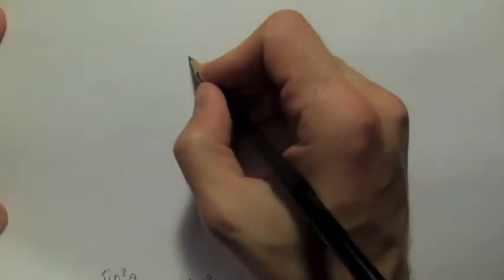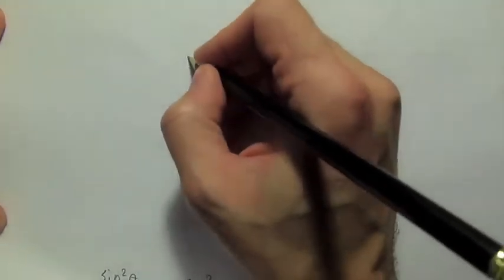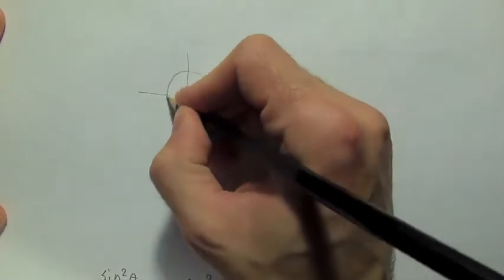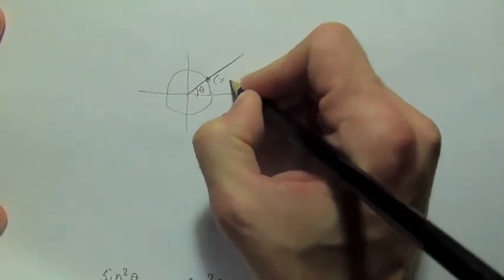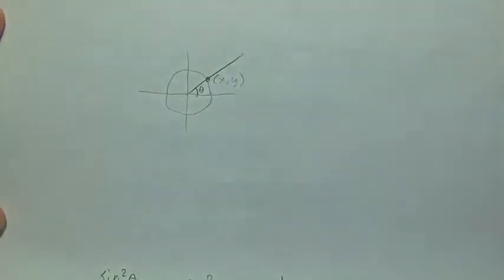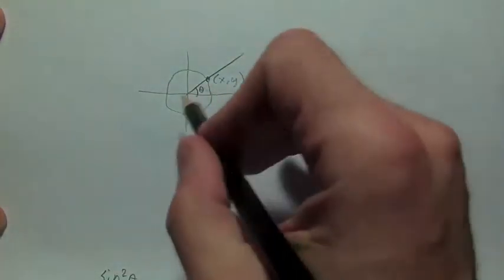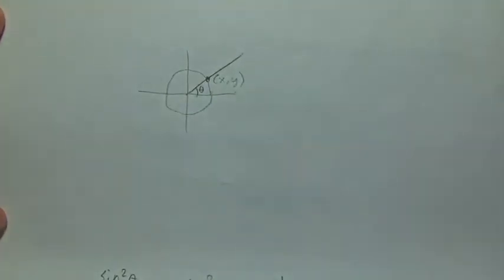Okay, next up is inverse trig functions. Inverse trig functions basically go backwards. So if you think of the unit circle, we have the angle theta and we have the point x, y that intersects the unit circle with the terminal side.